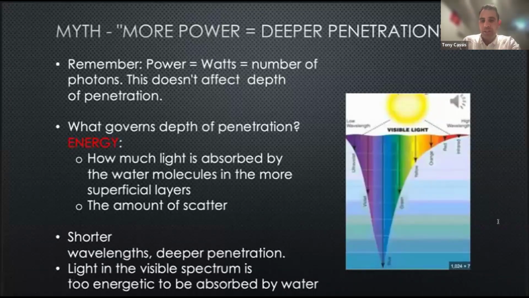One of the other things I really struggled with in the research, trying to put this presentation together, was the claim that infrared and near infrared light penetrates deeper. A lot of those studies were done on cadavers, right? If you take a cadaver, most of the water is no longer there.